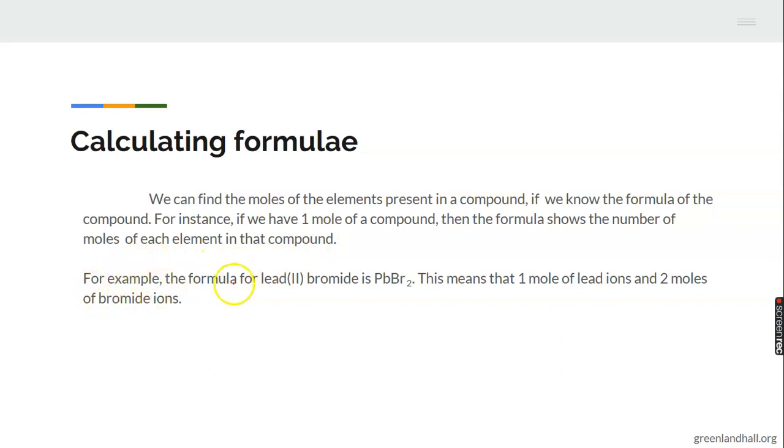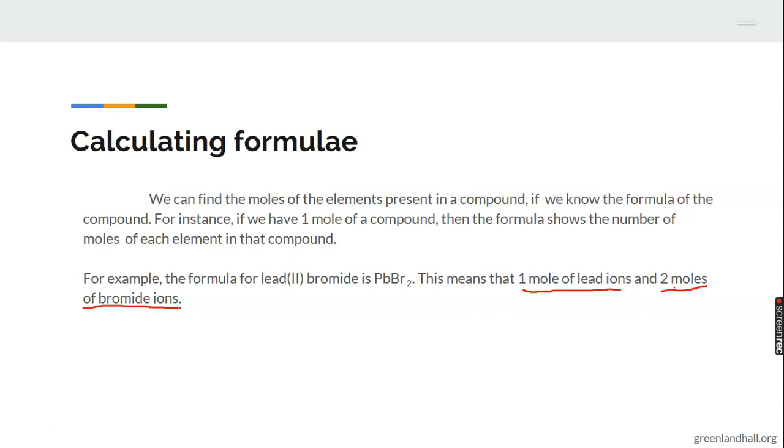For example, the formula for lead 2 bromide, which is PbBr subscript 2, that's lead 2 bromide. This means 1 mole of lead ion, let's underline that, 1 mole of lead ion and 2 moles of bromide ions.